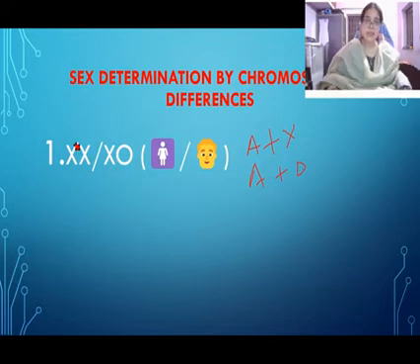In case of female, the chromosomal depiction will be A plus X and A plus X.